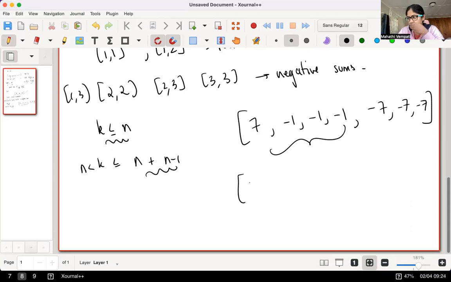I think you can use the same idea, make this positive, make this positive, and make all of the guys afterwards negative, and make whichever you don't want sufficiently largely negative.